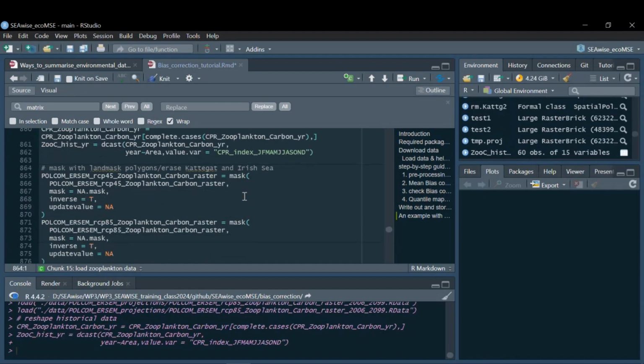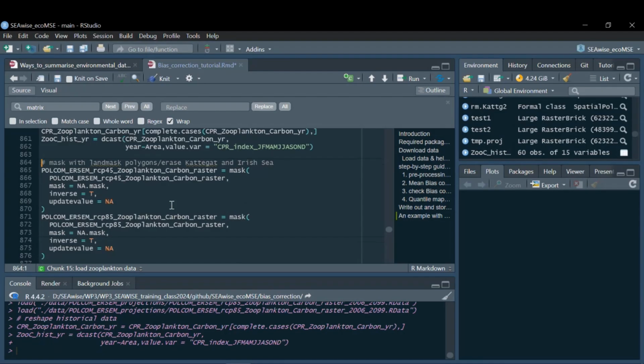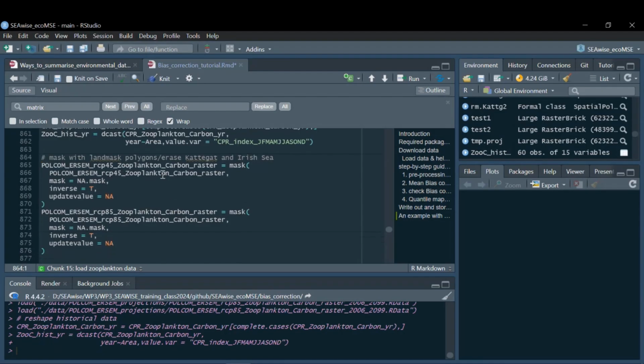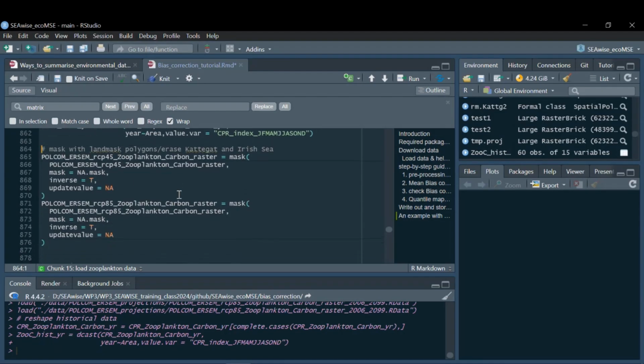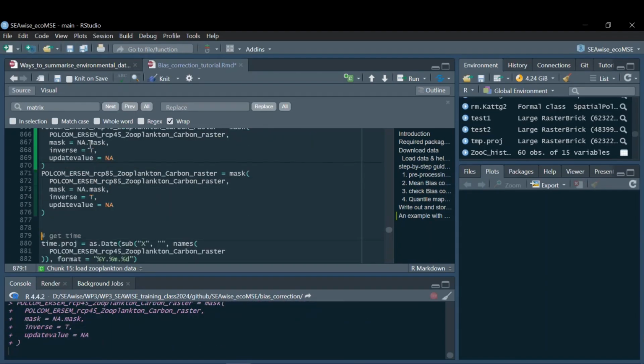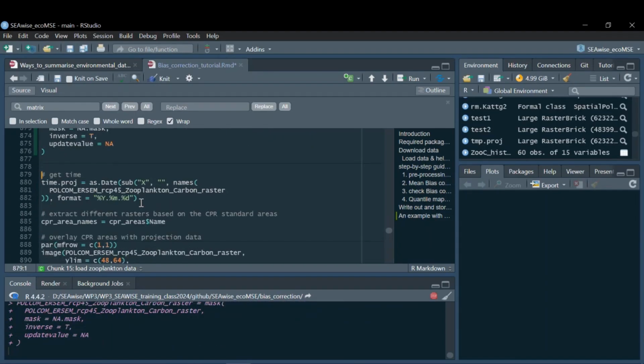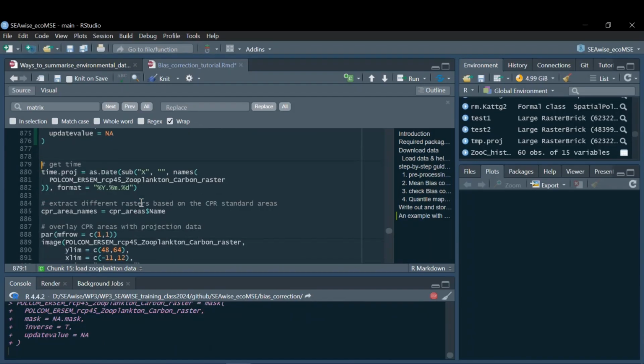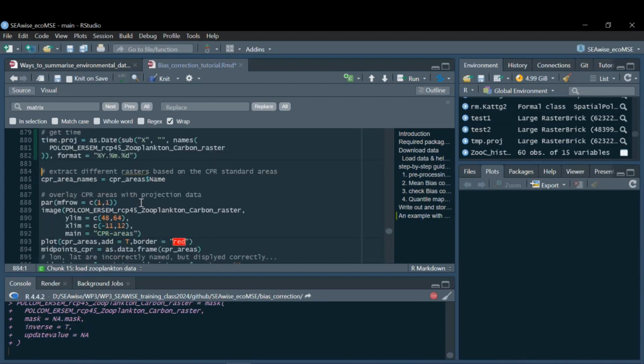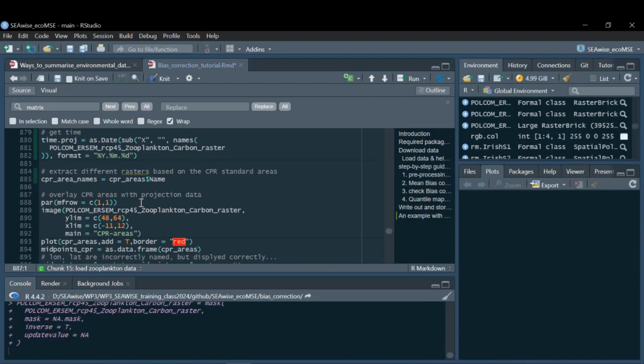Okay. And now we again crop our zooplankton data with the mask we created earlier on to remove the Kattegat and Irish Sea and also the land mask. Then we have the time here for the zooplankton Polcoms-Ersem projections and the CPR area names, right?